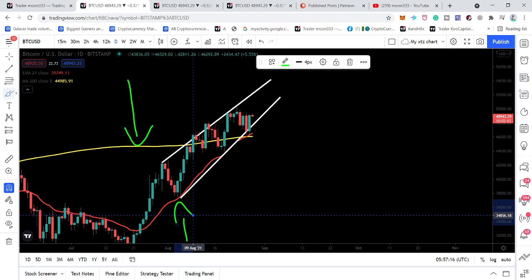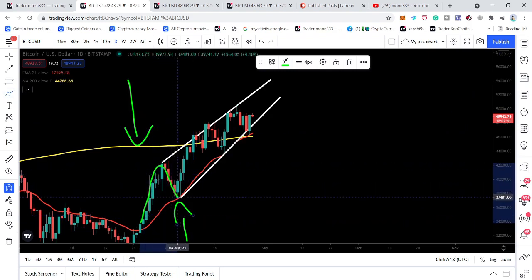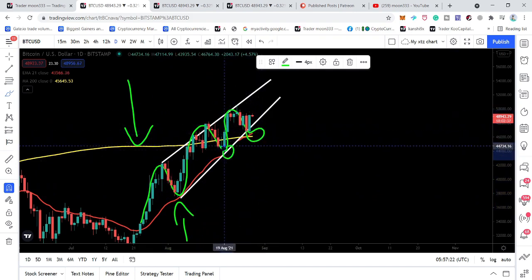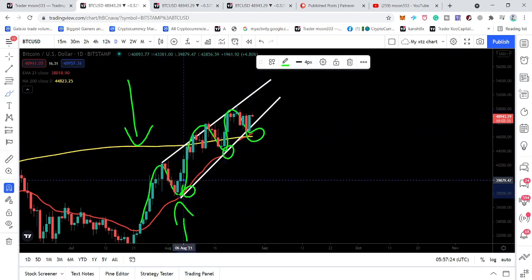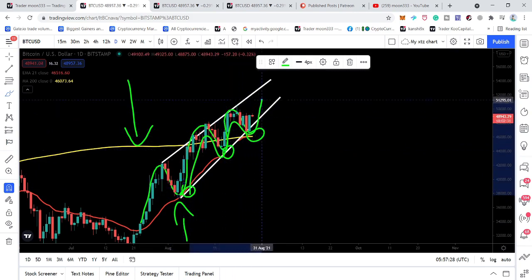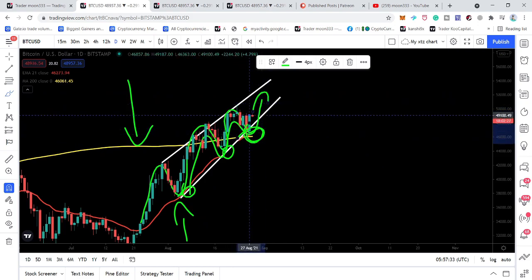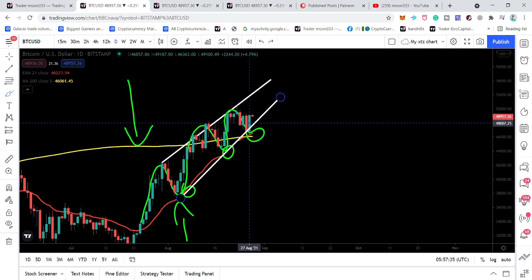And you can see that since this rally has started, the price line is using this EMA 21 very well as a support, and after every retest it is starting the next rally towards the upside. Therefore, it is possible that after this recent retest, the price action will continue its rally towards the upside.